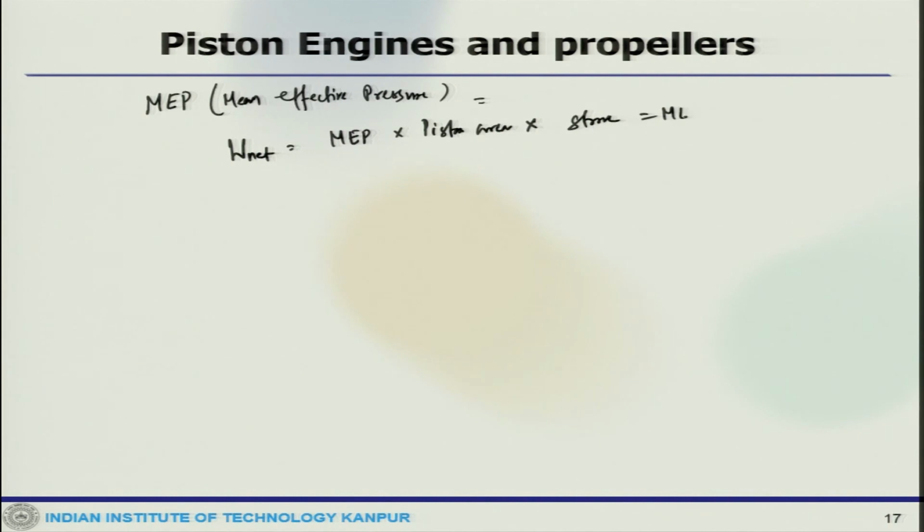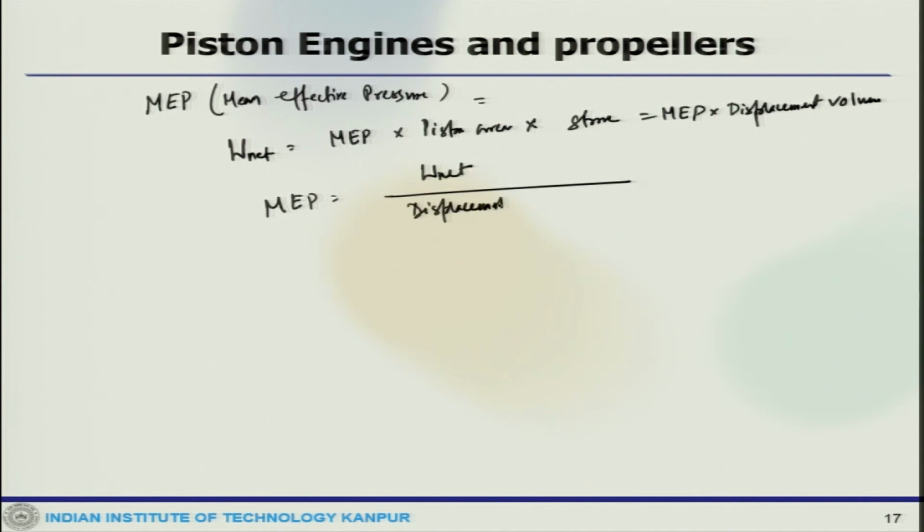So, that is MEP into displacement volume. So, MEP would be W net by displacement volume, which is V max minus V min.